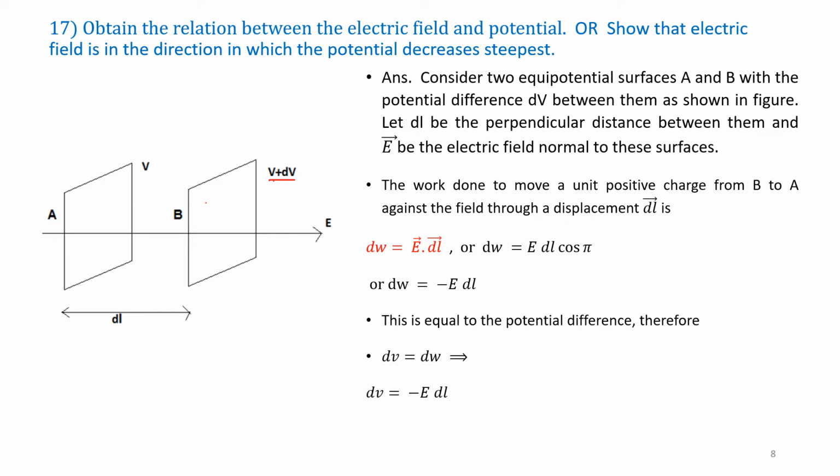Substituting for dW, we get dV is equal to minus E into dl. Therefore, E is equal to minus dV by dl. This is the relationship between electric field and potential.